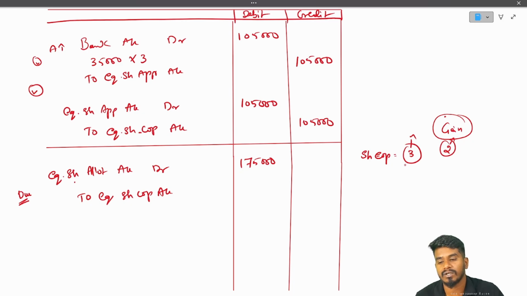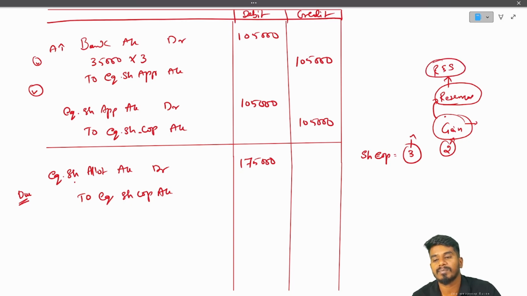So this doesn't include the allotment, it is separate. So it is other income. This income will be transferred to reserves, that is reserves and surplus. Reserves and surplus will be on the liability side.